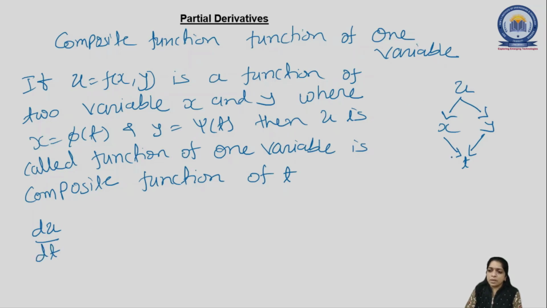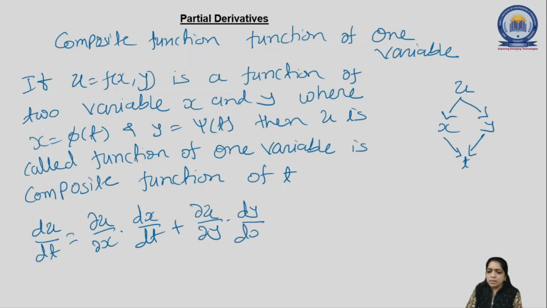Here u depends on x and y, so we write del u by del x into dx by dt, plus del u by del y into dy by dt, right? So this is called the total derivative of u.